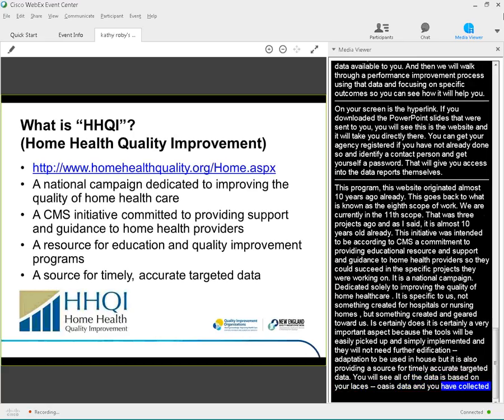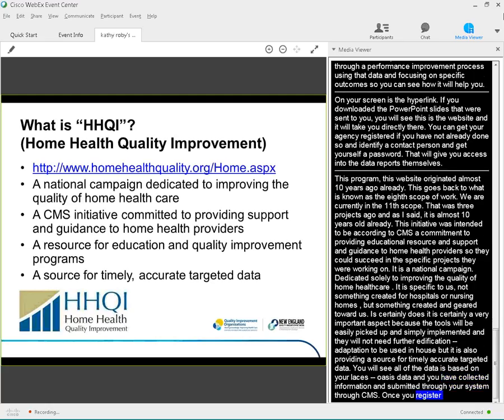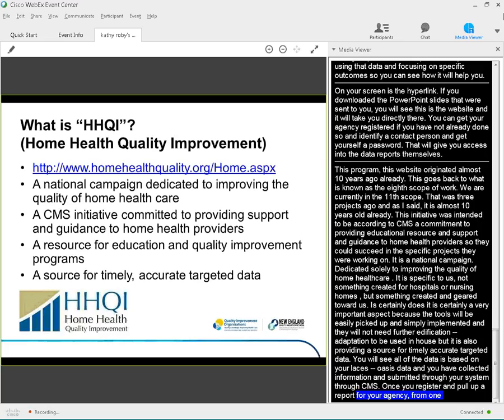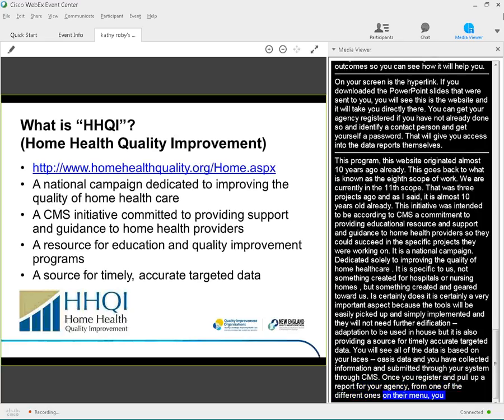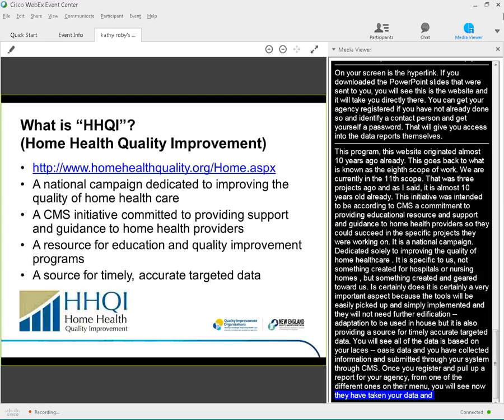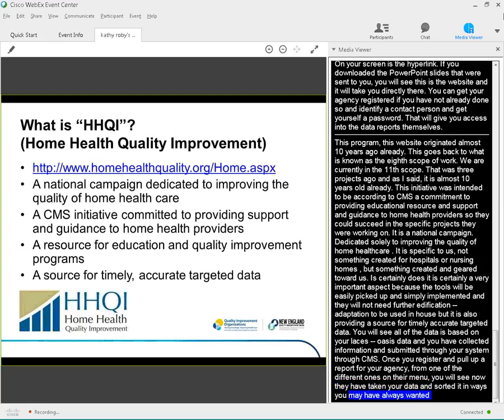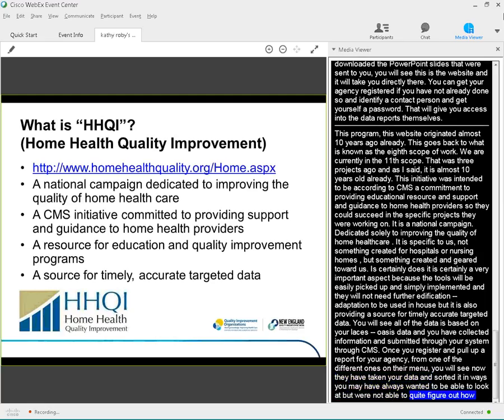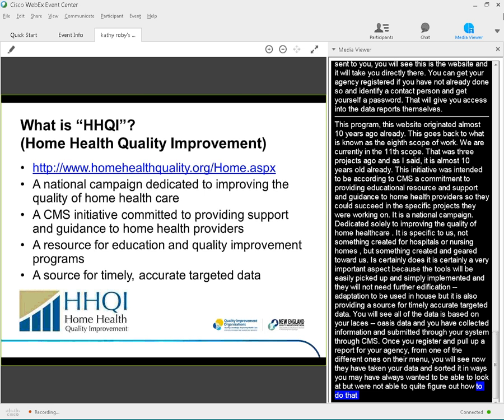Once you register and pull up a report for your agency from one of the different ones on their menu, you're going to see that now they've taken your data and sorted it in ways that you may have always wanted to be able to look at, but were not able to quite figure out how to do that in a tele report on the CASPER website. So this is going to make it a bit easier, at least in the areas that HHQI is focusing on.